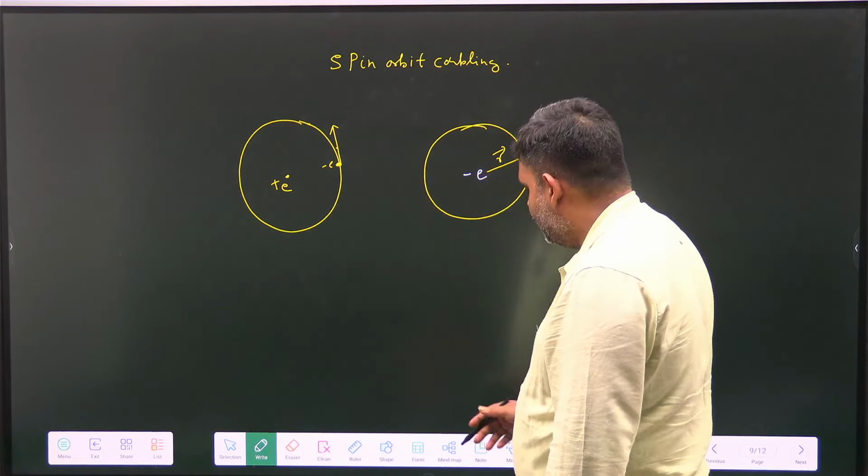ओके, नाउ व्हाट विल बी करंट इनटू दिस करंट डेंसिटी? द करंट डेंसिटी इज नथिंग बट N e V. ठीक है, ये किसके कारण होगा? इलेक्ट्रॉन के कारण. लेकिन प्रोटॉन की डायरेक्शन इलेक्ट्रॉन की डायरेक्शन की क्या है? एग्जैक्टली अपोजिट. सो व्हाट विल हैपन? दिस V कैन बी चेंज टू माइनस V. This V can be changed to what?